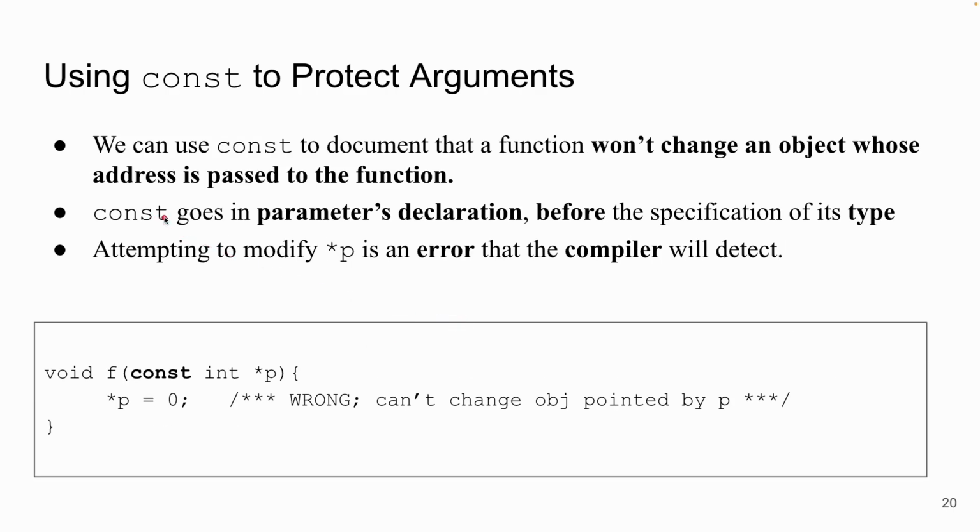But in this case, I just want to check the value of x. I don't want the function to accidentally change the value of x through its pointer variable. So in that case, we will usually put the keyword const in the parameter list to tell the compiler that this function will not change an object whose address is passed to the function.